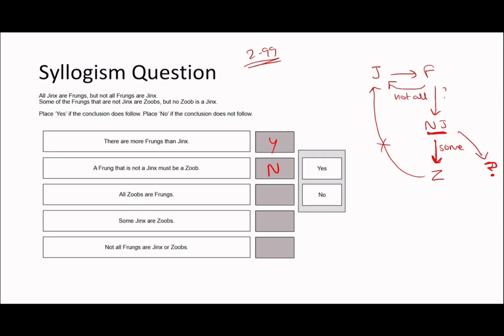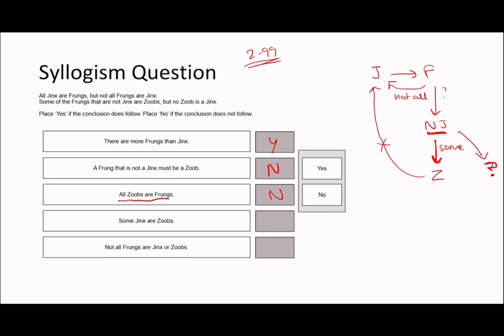But the point is that that could still be true based off our diagram here, because there's nothing to disagree with the matter, right? It doesn't say all frungs is or F is Z anywhere. Okay, and so because I say some Z is J or whatever it is, that would make this statement wrong where it says all zoobs are frungs, because it would mean that obviously by some Z being J and not F, this statement would be wrong. Okay, once again, creating a hypothetical.